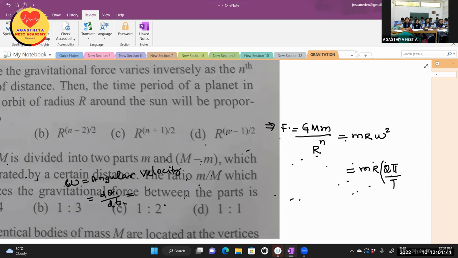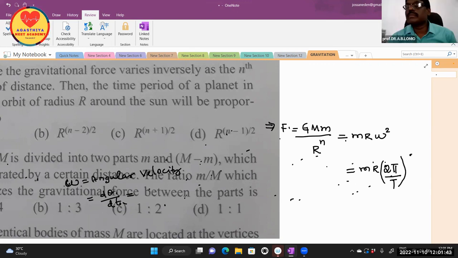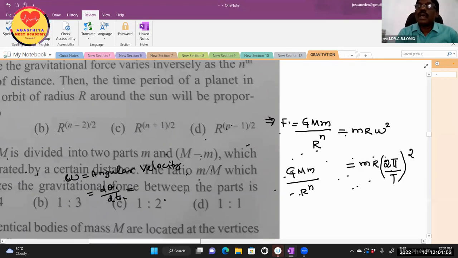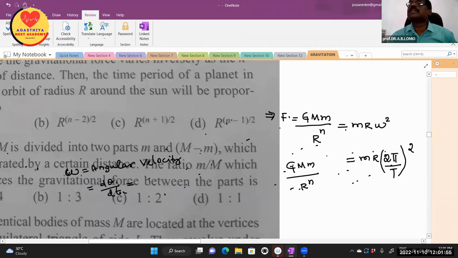We can obtain the answer. The gravitational force is equated with the centripetal force, and the angular velocity is equated as 2 pi divided by time period. The right hand side is m r 4 pi squared divided by T squared.